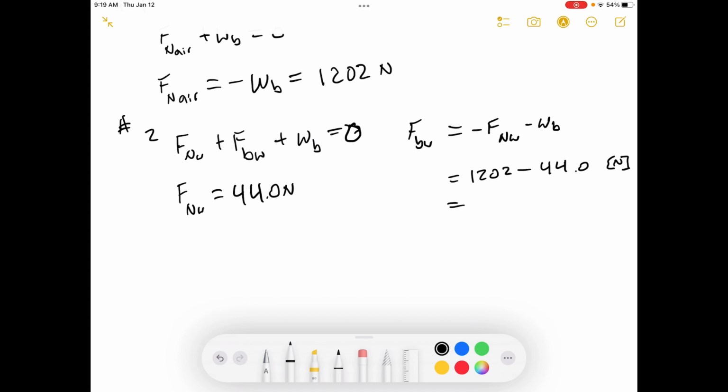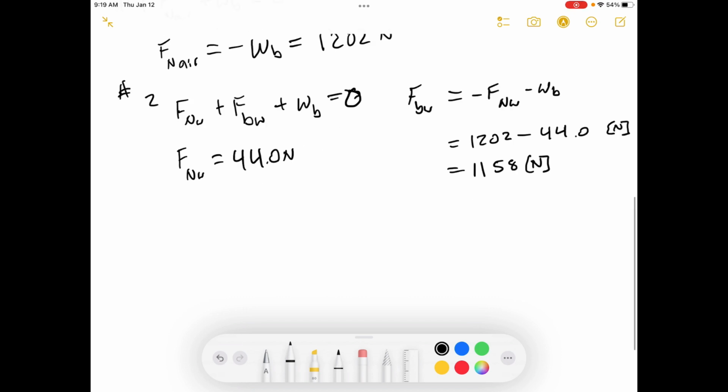So the buoyant force is equal to 1158 newtons. The buoyancy force is also equal to the mass of the displaced water times the acceleration due to gravity. And we also know that mass equals volume times density.